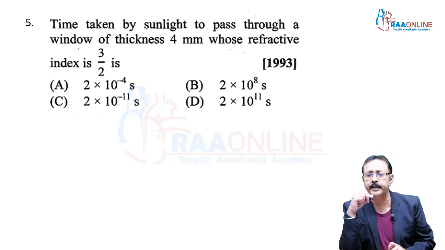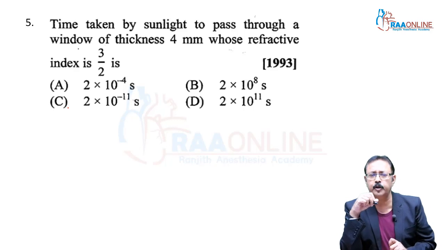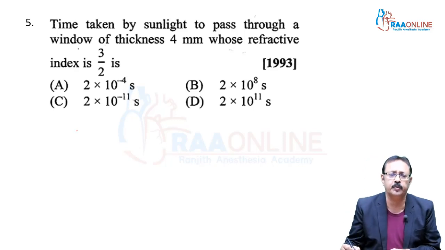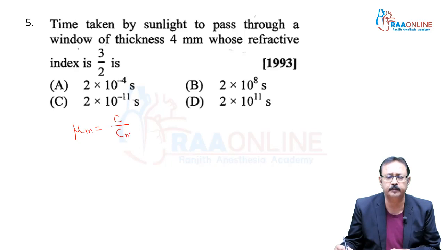Next, 1993 AIPMT. Time taken by sunlight to pass through a glass slab of thickness 4 mm whose refractive index is 3/2. We know that refractive index of any medium is speed of light in air upon speed of light in medium.